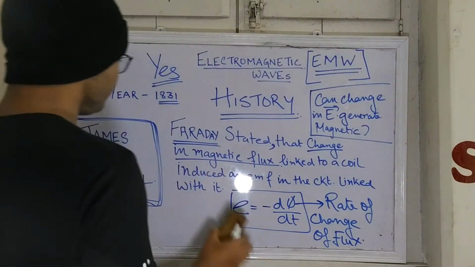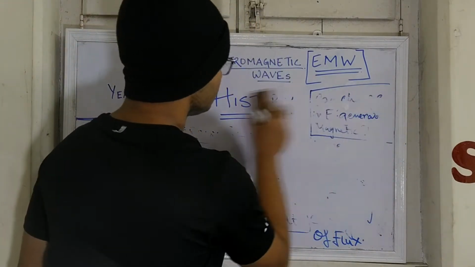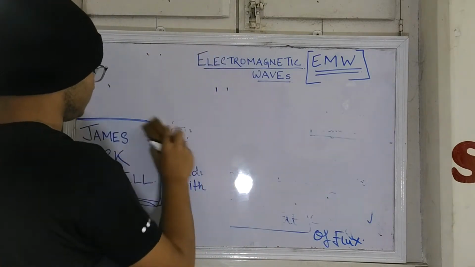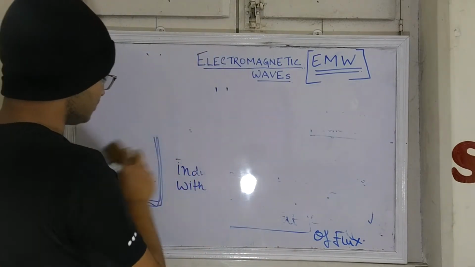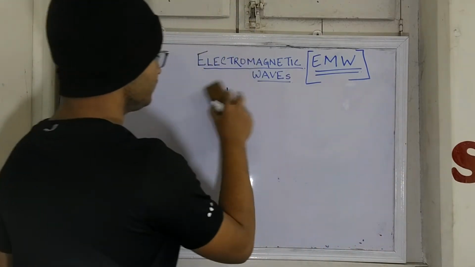I have to clear out the board. Let me give the heading: Maxwell's experiment. What did James Clerk Maxwell do to prove his point? What was his point?